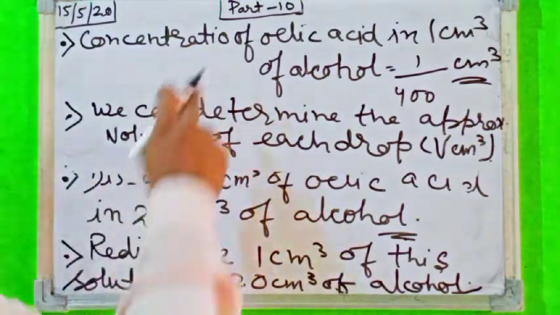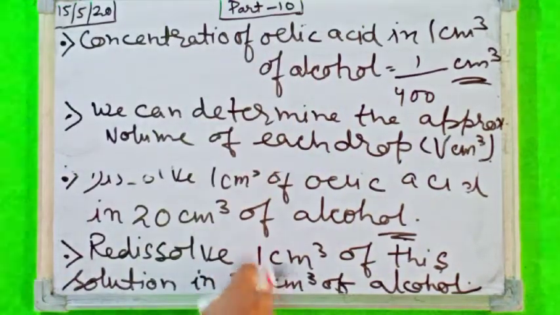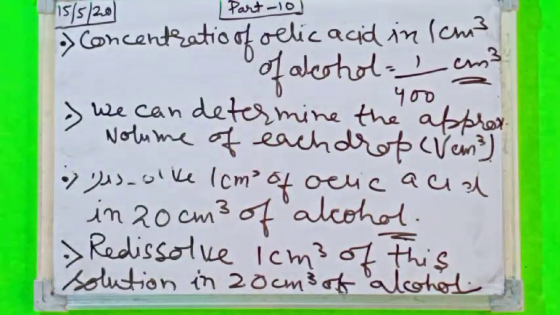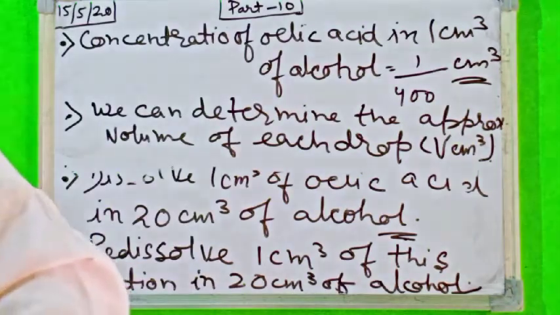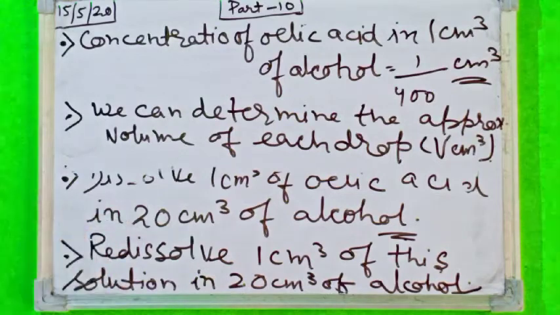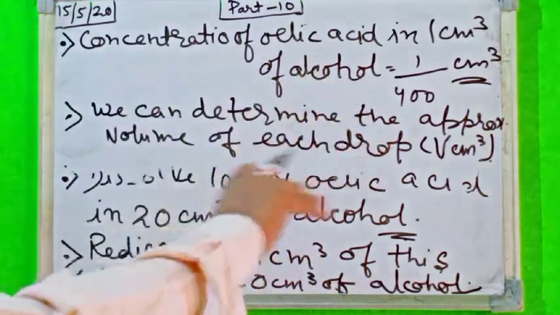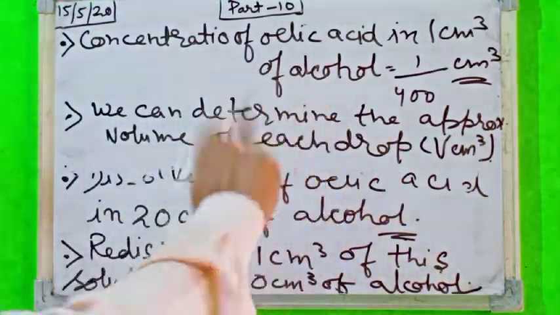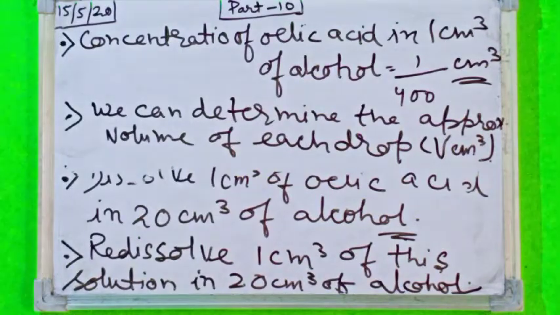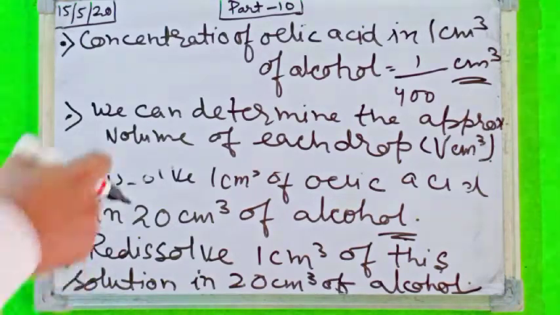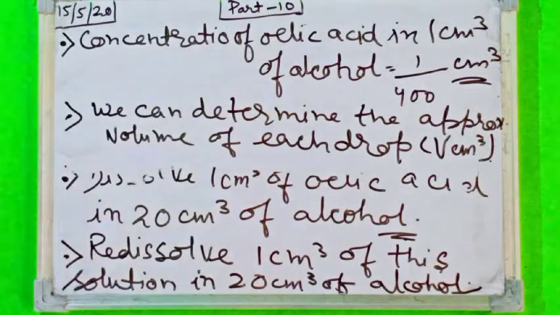This is the concentration of oleic acid in this solution, and for each and every drop of this solution, we approximate the volume and assume that it is V centimeter cube.